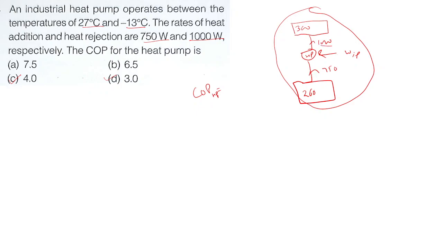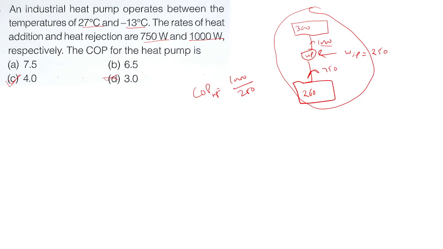At lower temperature we have to remove this much energy. So whatever work input we are giving is this minus this, so the work input would be 250. So COP would be the desired effect by energy input: desired effect is 1000, energy input 250, so 4 would be the correct answer. 3 would not be there.